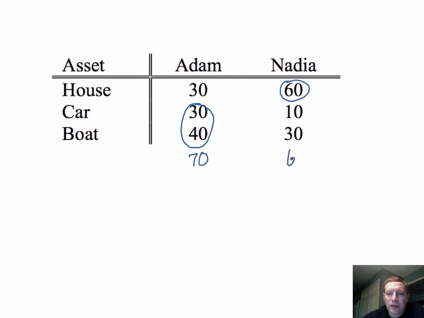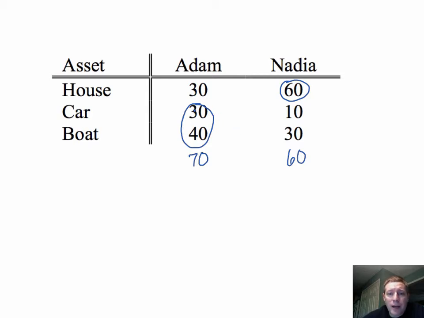Nadia only has 60 points. And mathematically now we have to somehow figure out a fair way to divide something. Basically, we've got to give something from Adam's stuff to Nadia so that it will be equal and fair. So the next question is, well, how do you do that and what do you give away?